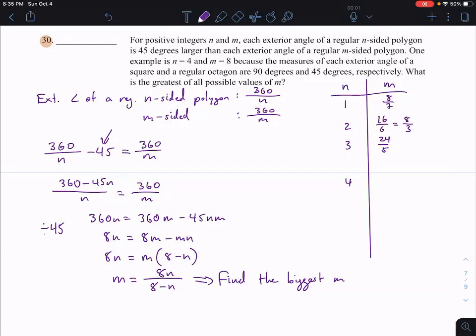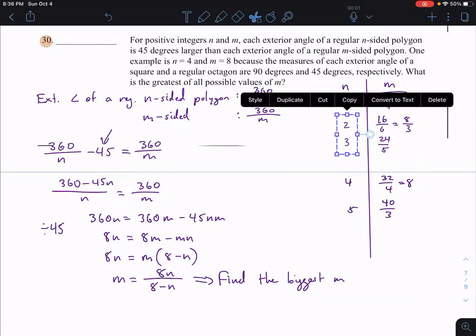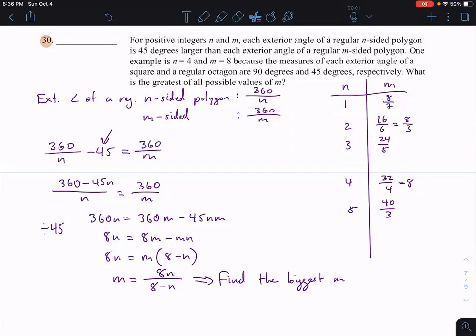If n is 4, we'll get 32 over 4, which is equal to 8. If n is 5, 40 over 3. I'm running out of space. Anyways, if n is 6, you get 48 divided by 2, that's 24.